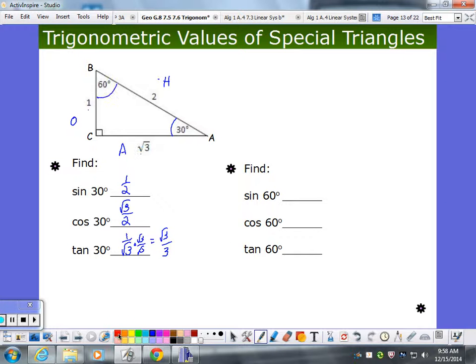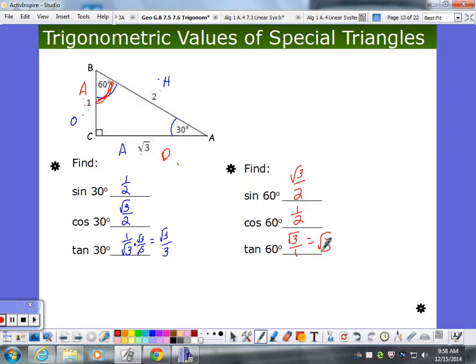When we're working with the 60, using a different color now, that's my opposite, and that's my adjacent. So sine of 60 is opposite over hypotenuse, square root 3 over 2. The cosine is adjacent over hypotenuse, and the opposite over the adjacent is square root 3 over 1, which is square root 3.